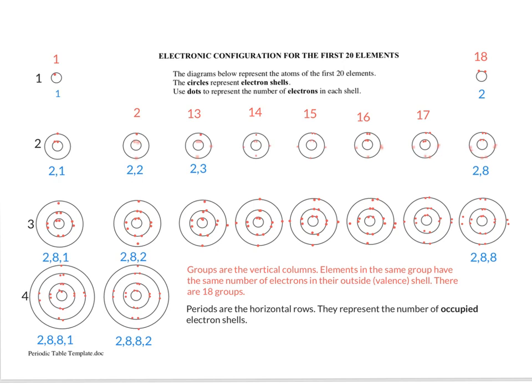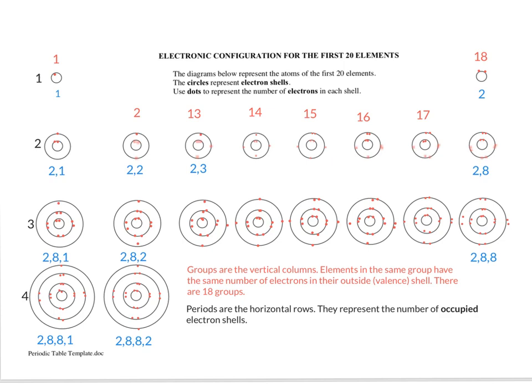Now have a look at the numbers that have appeared on the left-hand side, the 1, 2, 3 and 4. These represent the periods or the horizontal rows. Periods represent the number of shells that have electrons in them, or the number of occupied electron shells. So period number 1 only has 2 elements, hydrogen and helium, because they're the only ones that have electrons in one shell.